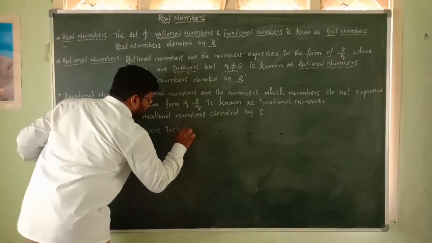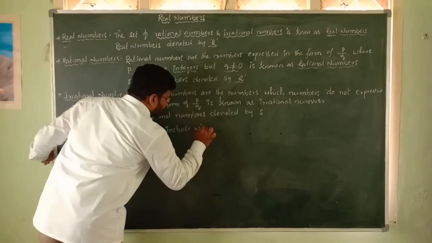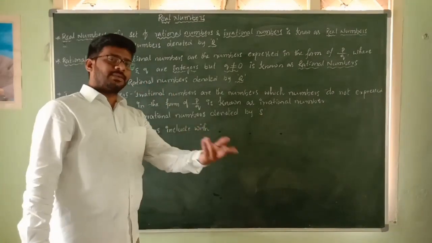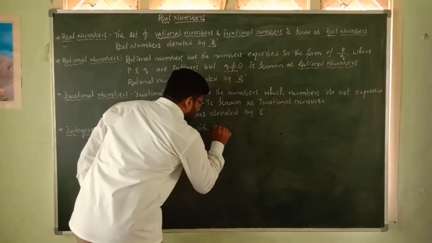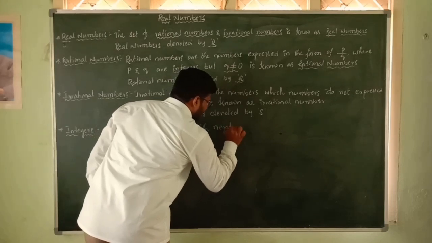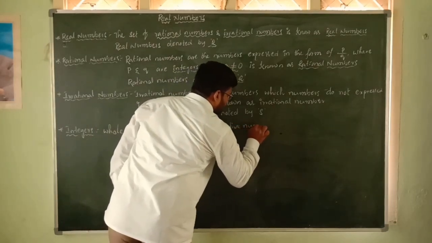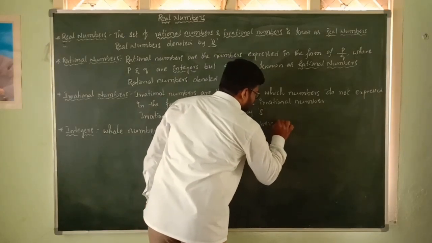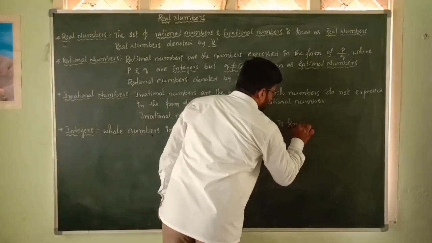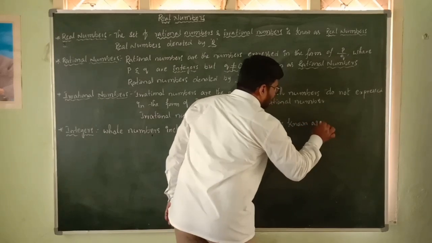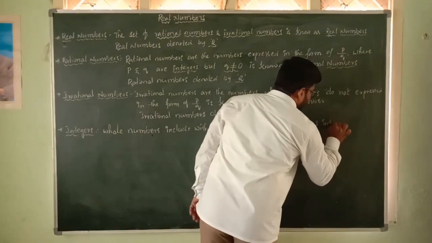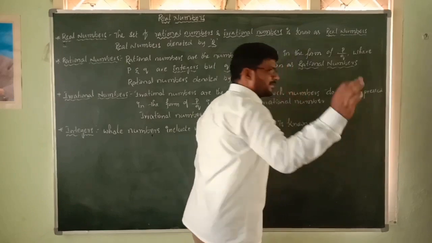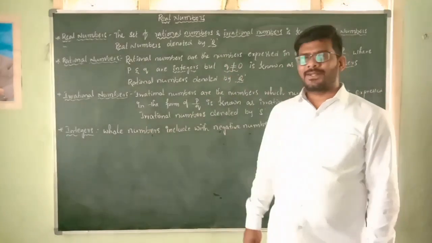Whole numbers along with negative numbers are known as integers. What is the definition of integers, children?